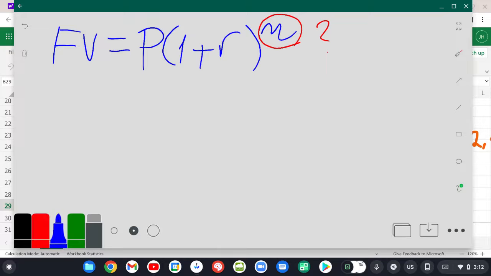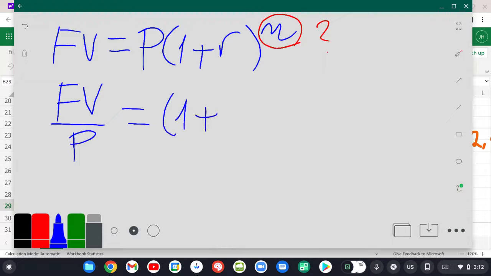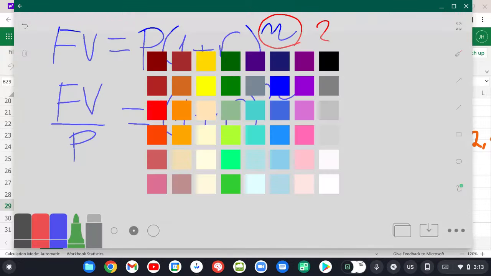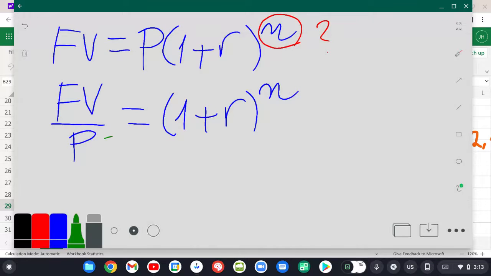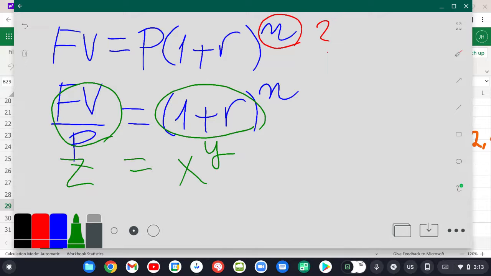We can isolate, as far as we can, FV over P, and then we have (1 plus R) raised to n. Now we're back to the z equals x raised to y structure.